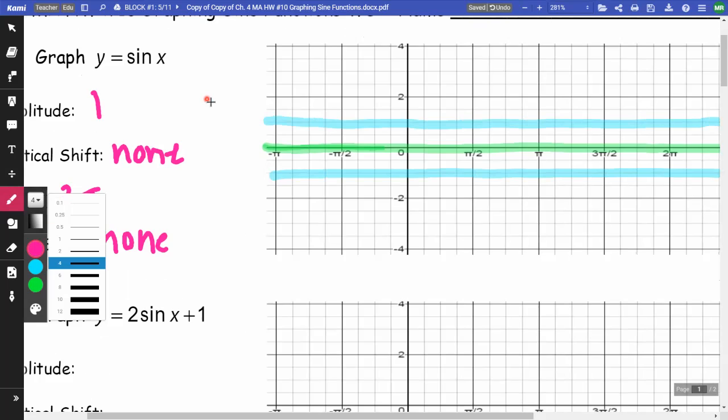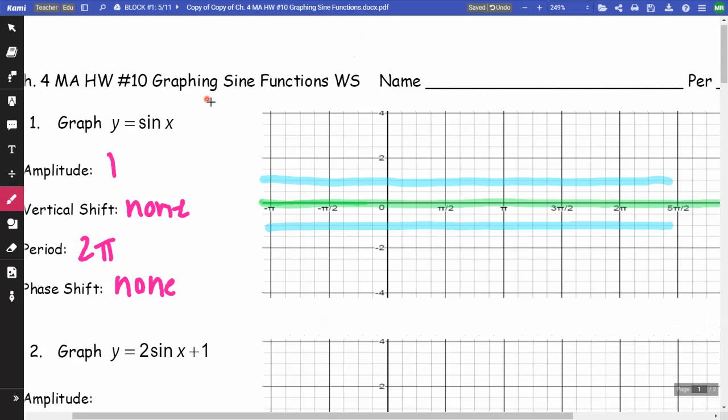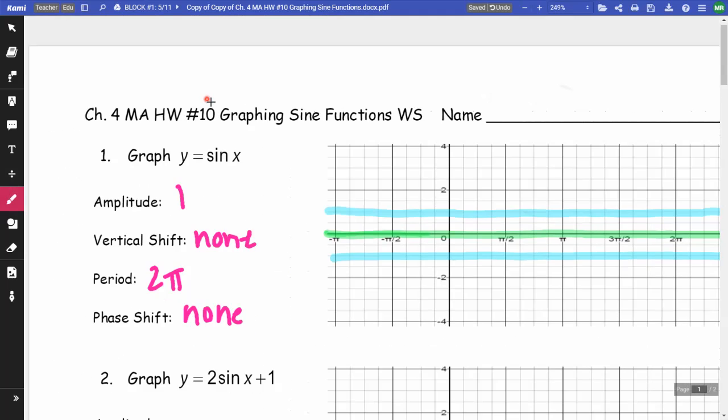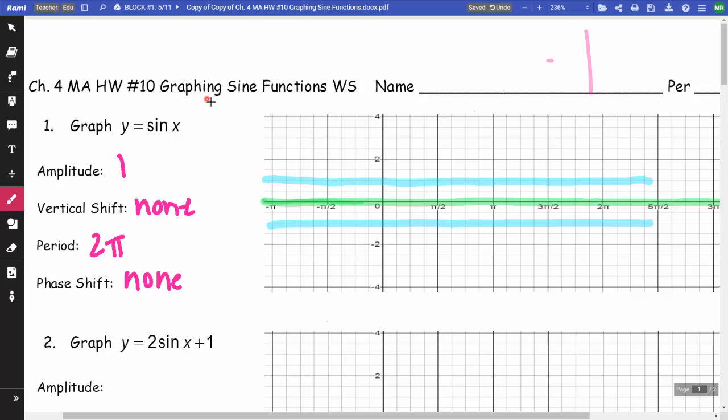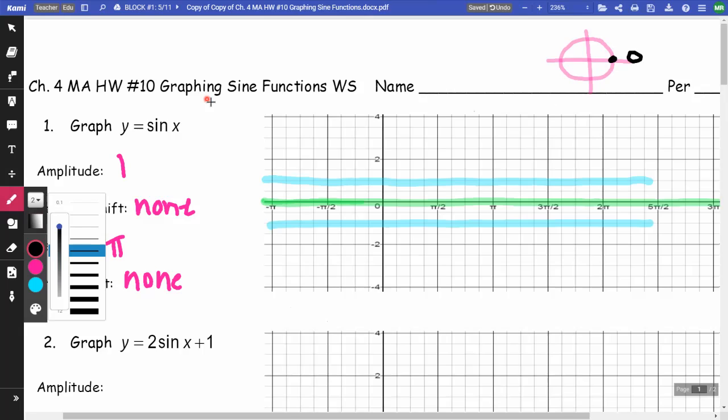For your sine, remember, if I'm doing this on a unit circle, it's going to be this point here, which is our 0, this point here, which is a 1, this point here, which is a 0, this point here, which is a -1, and then back to here, which is a 0.